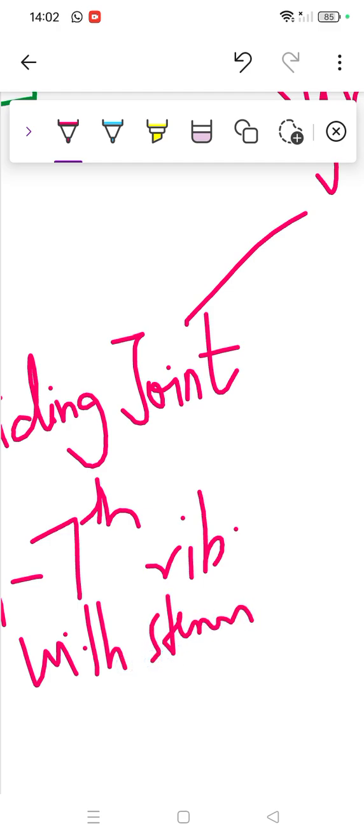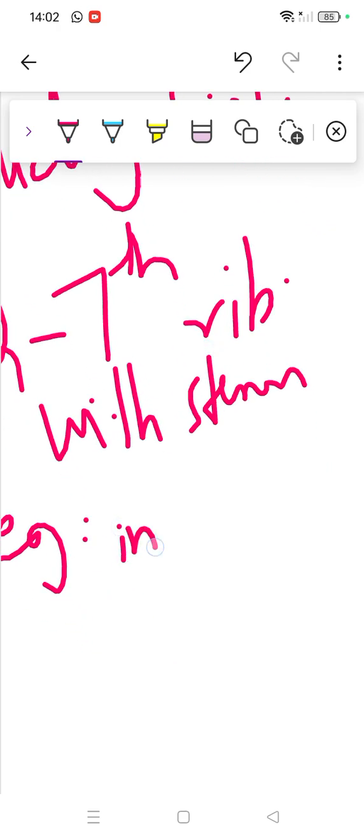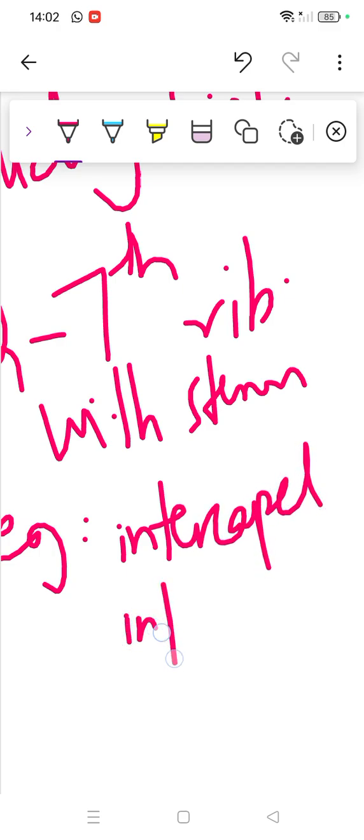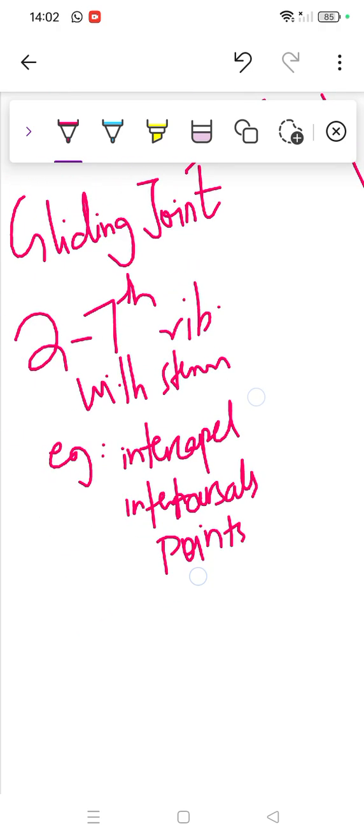Then we will see the examples here, which are simply called intercarpals, which are present in our hands and feet, and intertarsals. These both points. Then I hope it will be clear.